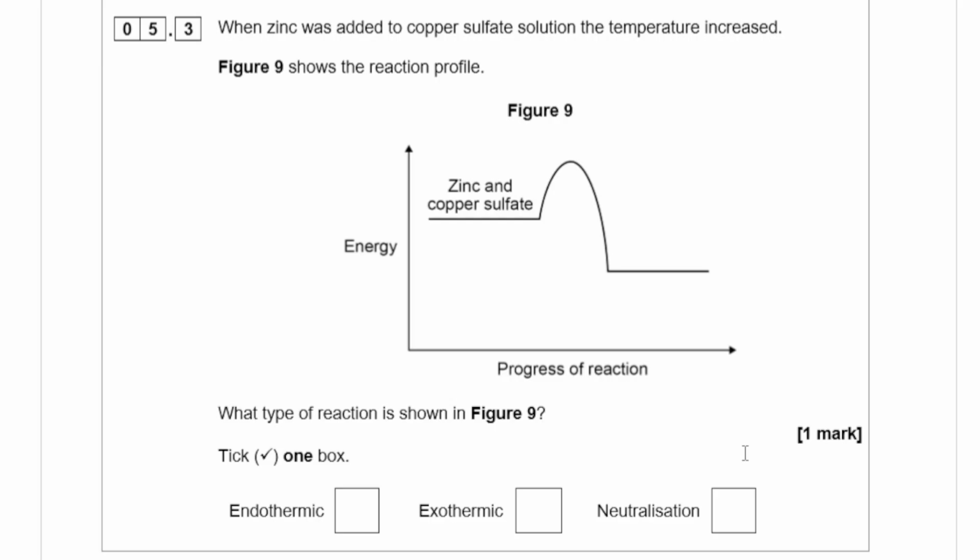When zinc was added to copper sulfate solution, the temperature increased. That means it's an exothermic reaction. Figure 8 shows the reaction profile. These are the reactants, and these are the product. What type of reaction is shown?